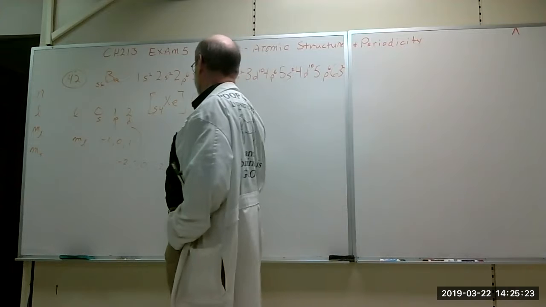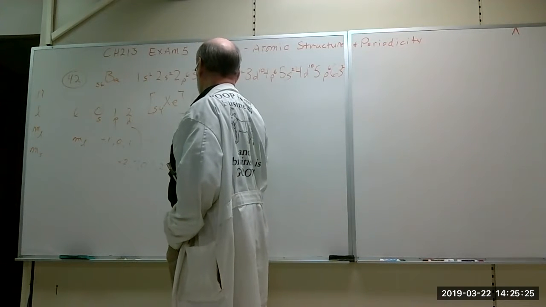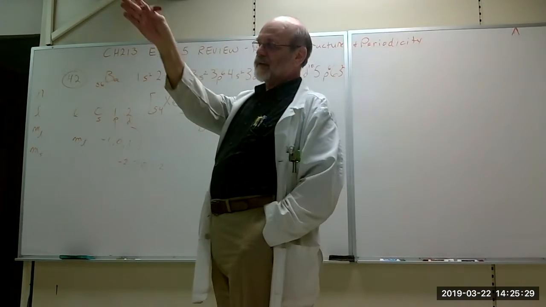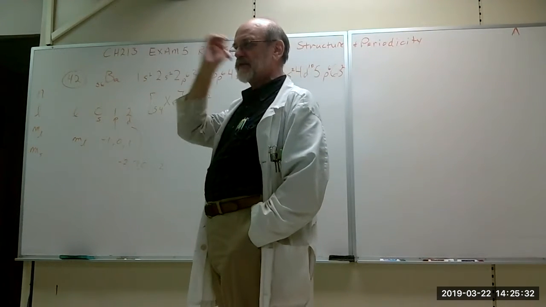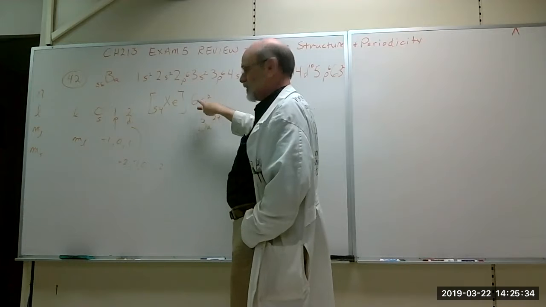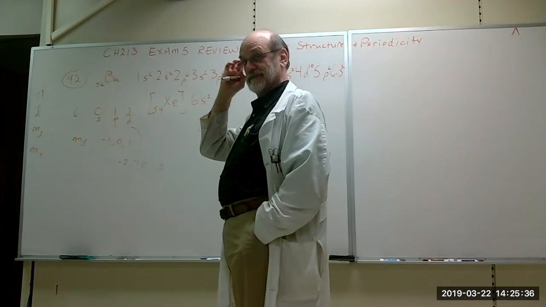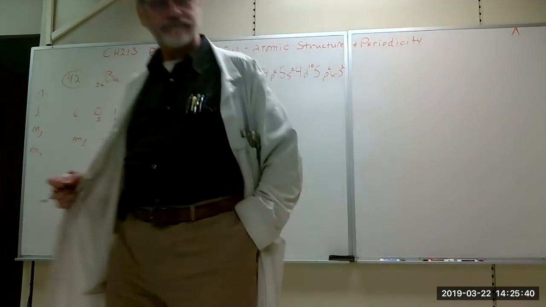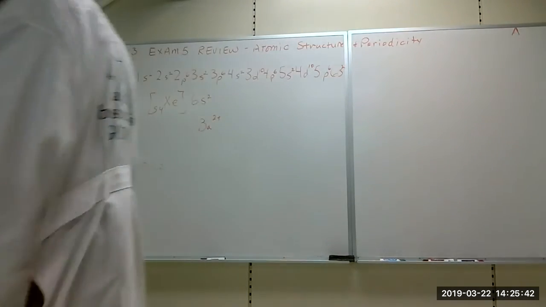So barium, when it ionizes, is going to be 2+. So that rule that we learned, the second group is always 2+. They're 2+ because of that.